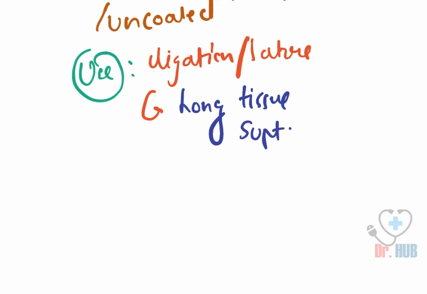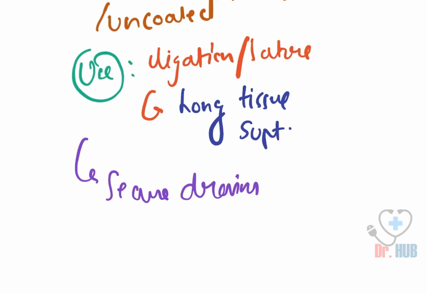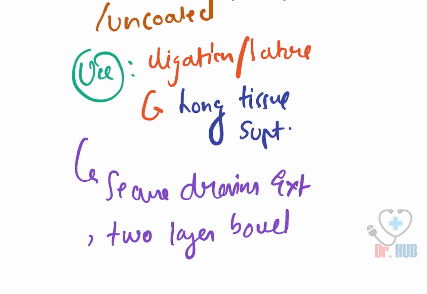Then it is also used for securing drains, and this is done externally. And there is also the two layer bowel anastomosis. Then we look at the next one, that is the steel.